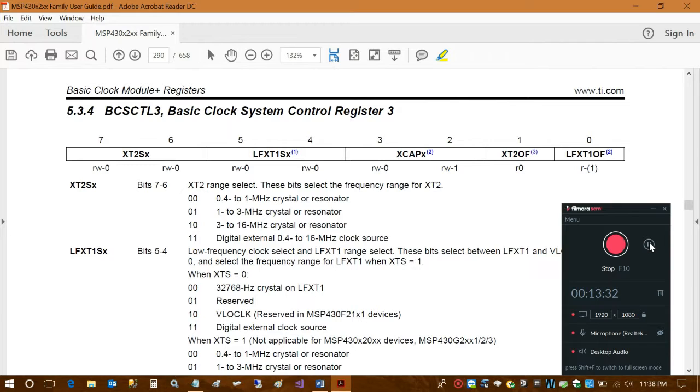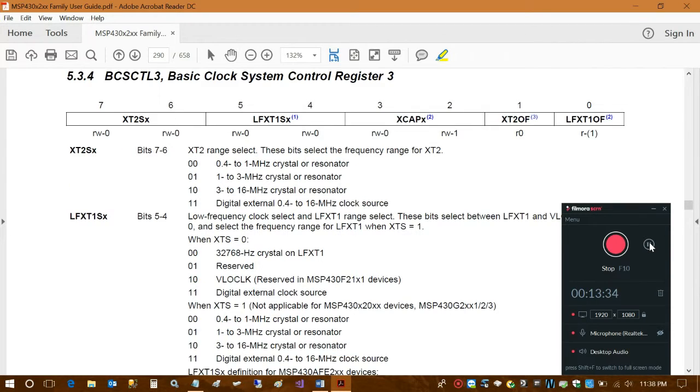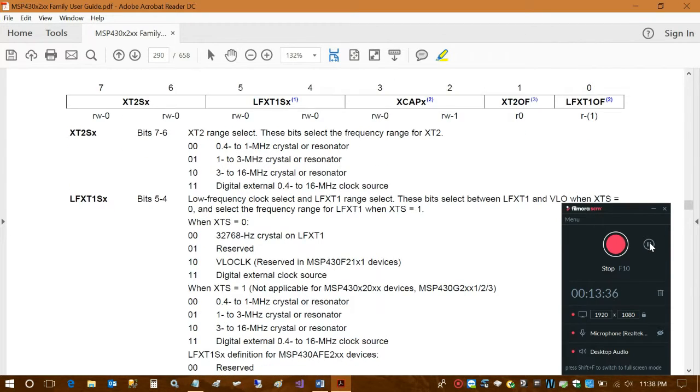So I'm sure you can understand that if XTS, which you have selected before, is equal to 0, then LFXT1 will be operating at low speed mode, and you can select the particular selections, that is 00 is the 32.768 crystal, or 10 is the VLOCLK, or if you are clocking from an external source, then you need to put 11.